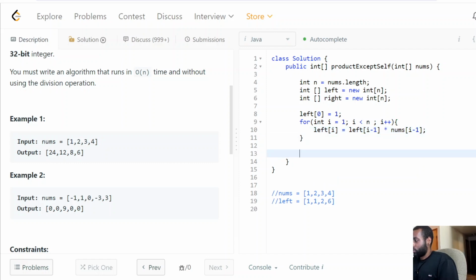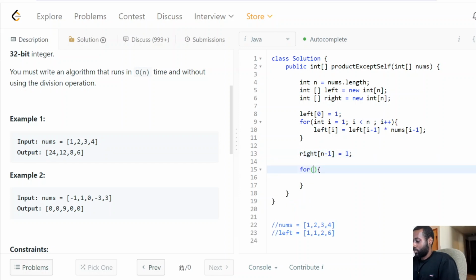And then we do something very similar for the right side of things, but in reverse. So n minus 1, the last index, has nothing to its right, so we put 1. And then we loop backwards: i equals n minus 2, because we already took care of n minus 1, while i is greater than or equal to 0, i minus minus. Then right of i equals right of i plus 1, whatever the product is, times nums of i plus 1 as well.